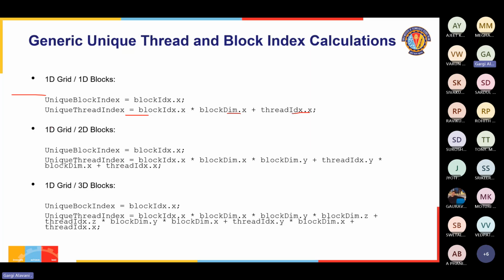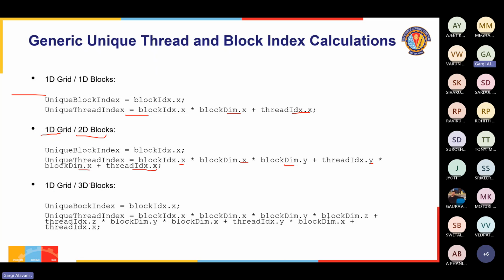If it is a 1D grid, that is only one block of 2D thread blocks, in that case you calculate the thread index by multiplying threadIdx.y into blockDim.x plus threadIdx.x.